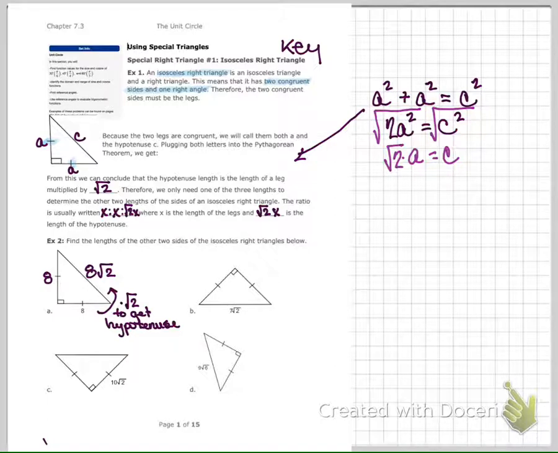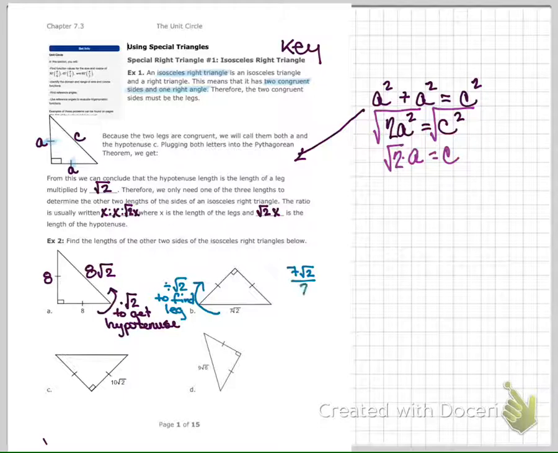So let's take a look at B. This time we've got that the hypotenuse is 7 square roots of 2. So if we multiply by the square root of 2 to get the hypotenuse, we're going to divide by square root of 2 to find the length of the leg. Okay, I'm going to do that work over here. I got 7 square roots of 2.